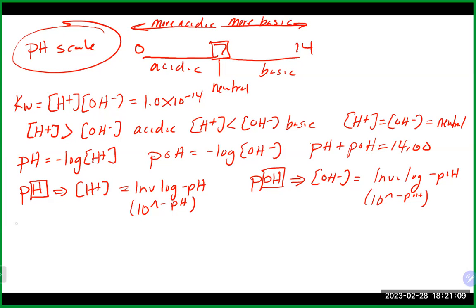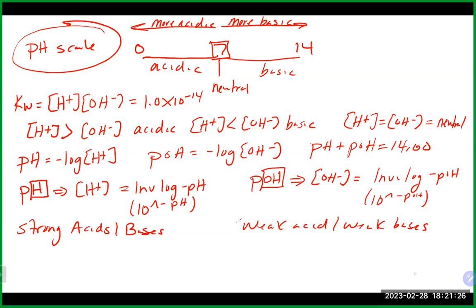We also talked about the idea of strong acids and bases. Also some weak acids and weak bases. And remember the relationship between an acid and its conjugate base, or a base and its conjugate acid: if something is strong, its conjugate partner on the other side of the arrow will be weak.